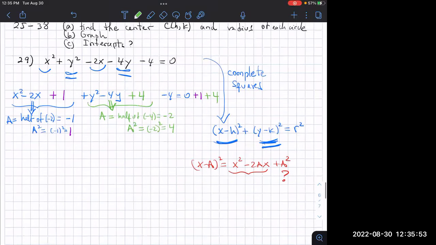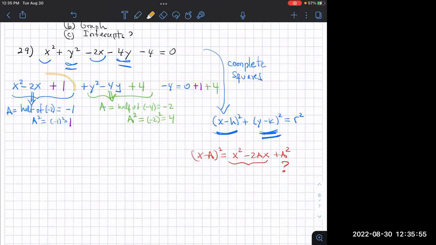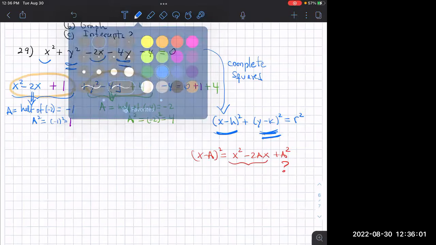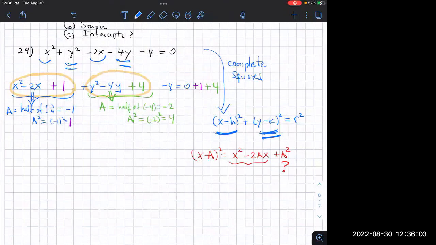Now I factor. We look at this together and that together. So x squared minus 2x plus 1 follows this form, so it should be x minus a squared. A was negative 1, remember, so it's x minus 1 squared.